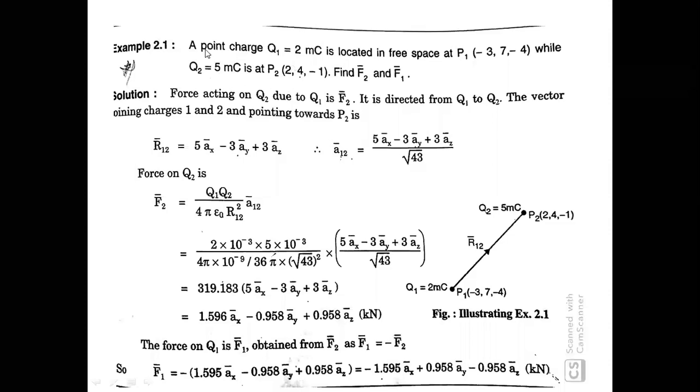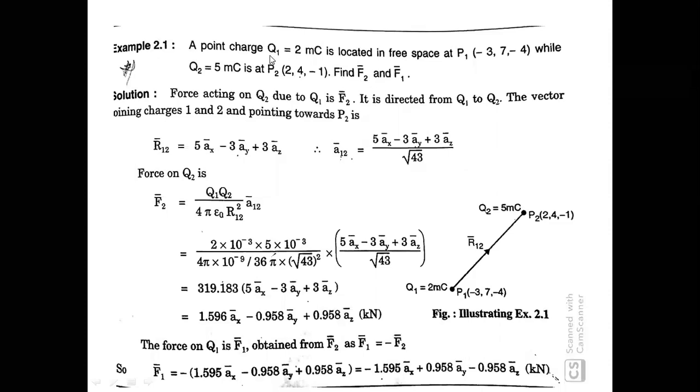A point charge Q1 equal to 2 millicoulomb is located in free space at P1 (minus 3, 4, minus 4), while charge Q2 is 5 millicoulomb at P2 (2, 4, minus 1). We have to find F2 and F1.